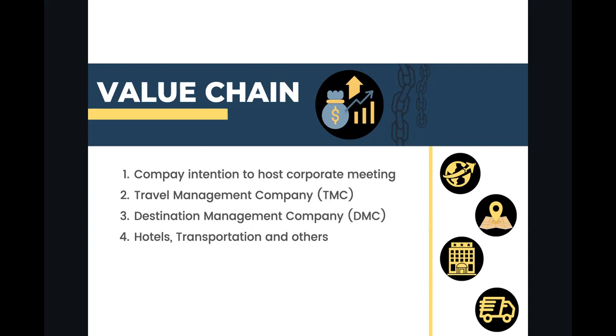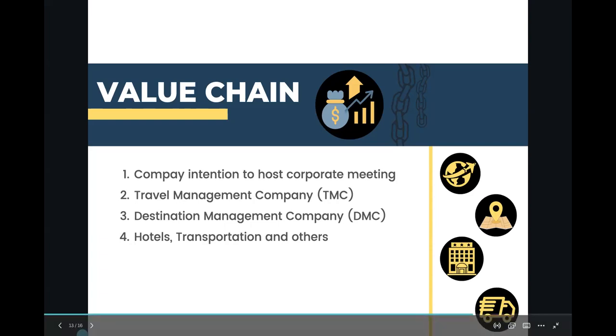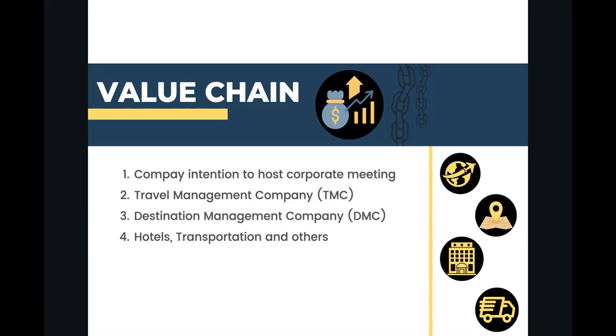It is usually the selected DMC who will handle tasks, for example, finding a venue, preparing the meeting, or organizing food and beverages, along with planning the activities. A DMC will need to act as coordinator and administrator among third-party service providers while reporting to the TMC.